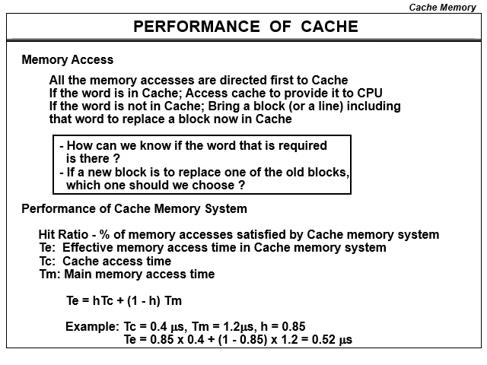Now, let's talk something about the performance of the cache. But let me recap once again. Whenever the CPU requires a piece of information, it is first searched in the cache memory. If it is available in the cache memory, then the data is read from the cache memory.